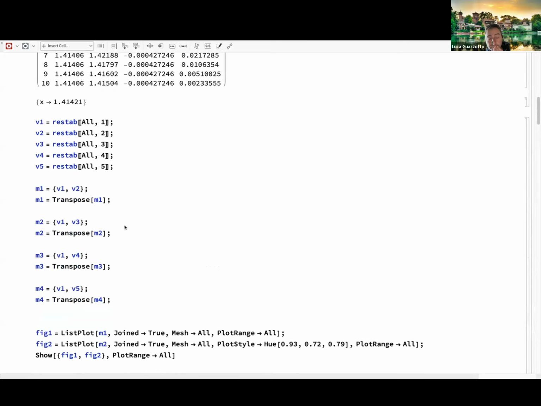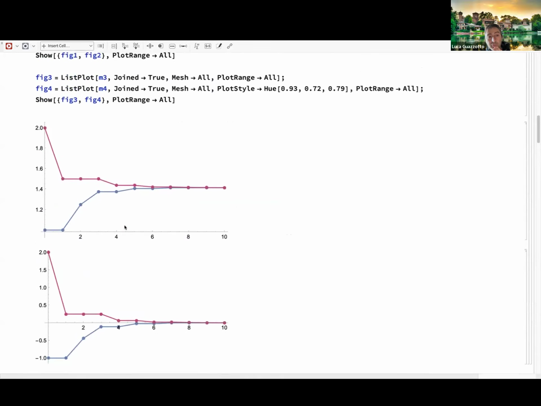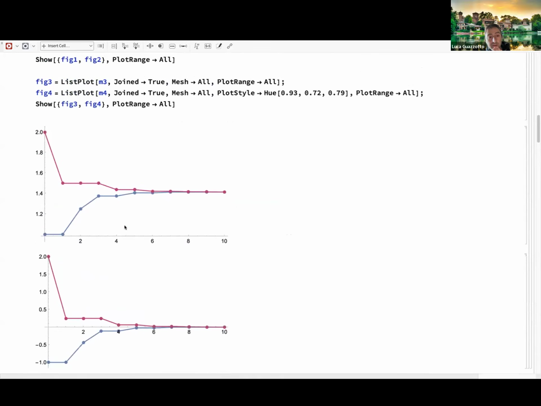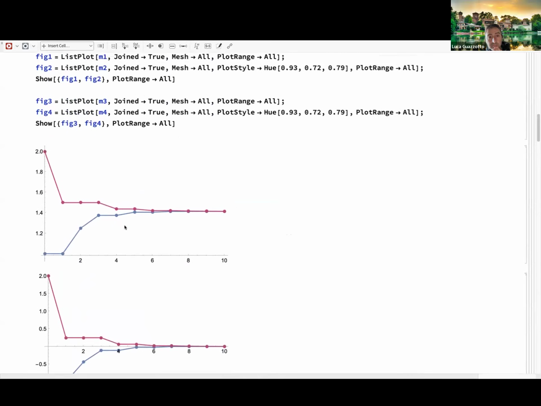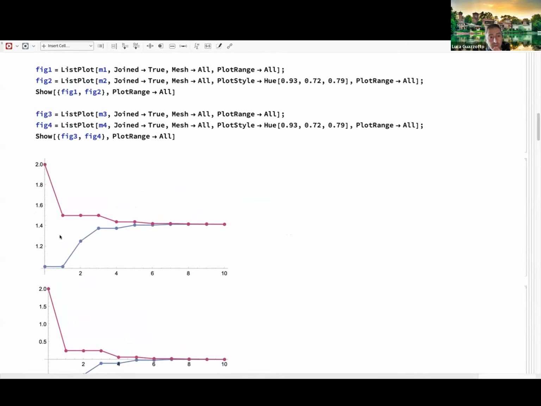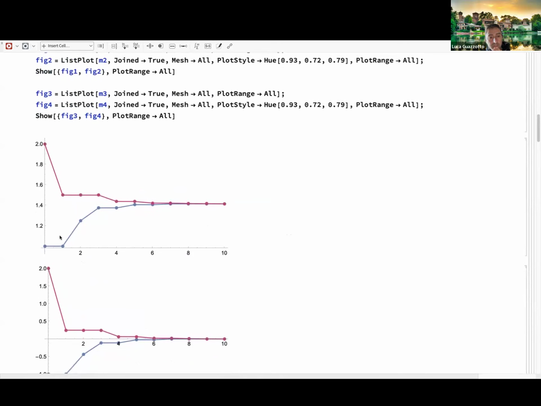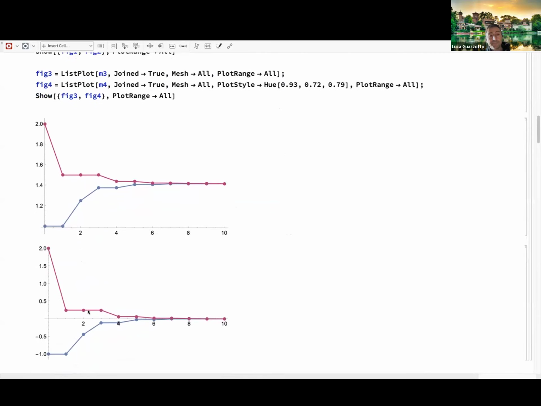Don't mind the language here. All I'm doing is plotting, okay, what is it I'm plotting? Yes, okay. So this is the value of the function, and this is the points. The two values of the function get closer and closer to this value, which is 1.4414, and so on.